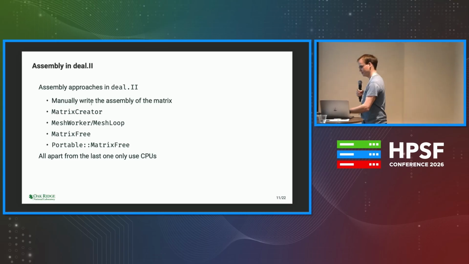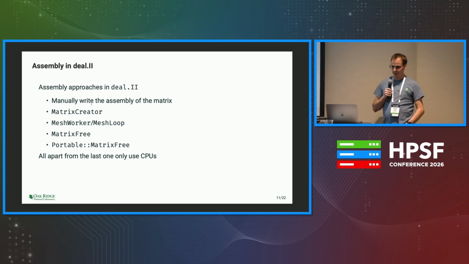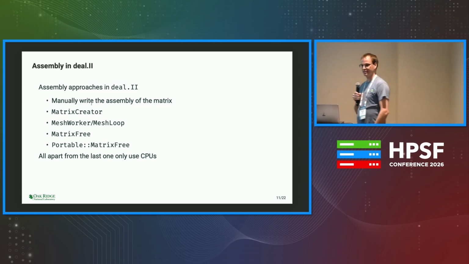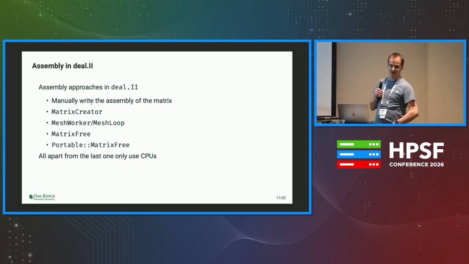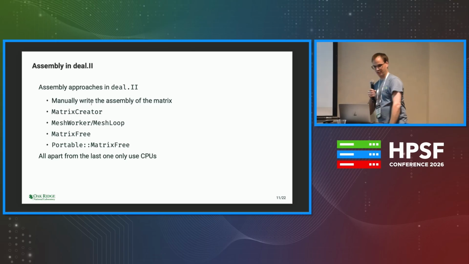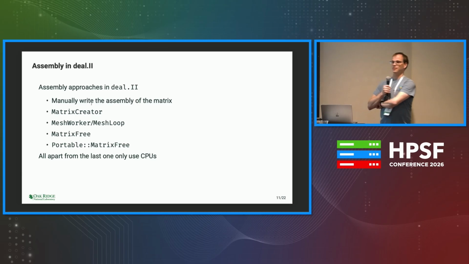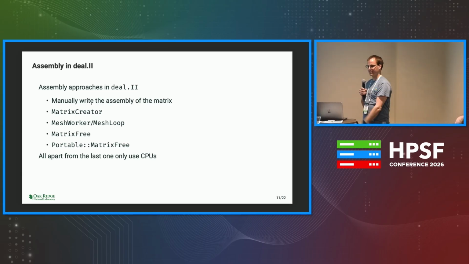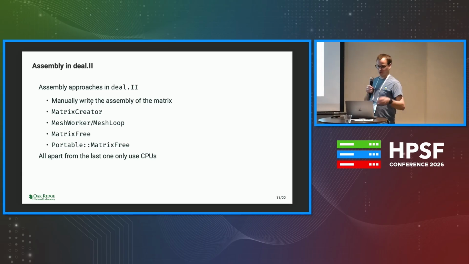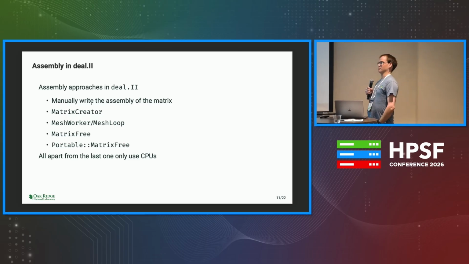Next part, assembly. Assembly in deal.II has multiple ways to do that. You either manually write the assembly of the matrix, use some kind of matrix creator framework, which gives you predefined matrices, or a mesh worker framework that's task or thread-based. Matrix-free, of course, where you just write your own operator and don't create any matrices, and then a portable matrix-free, and only the last one really uses GPUs.